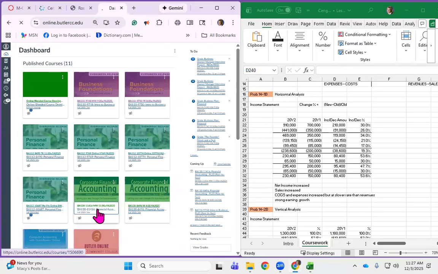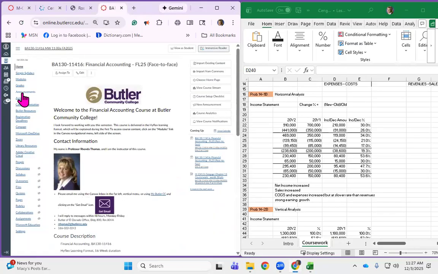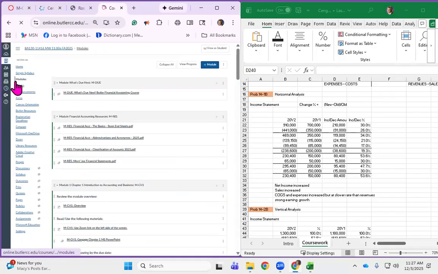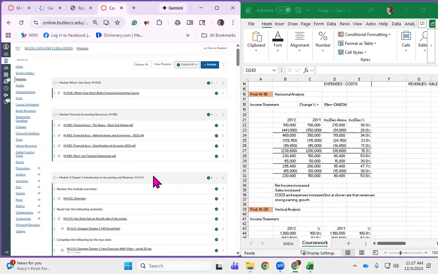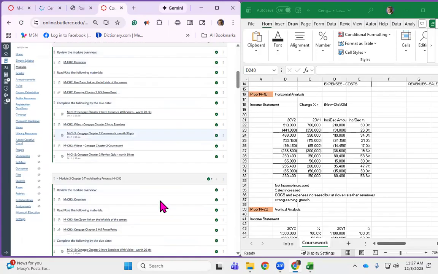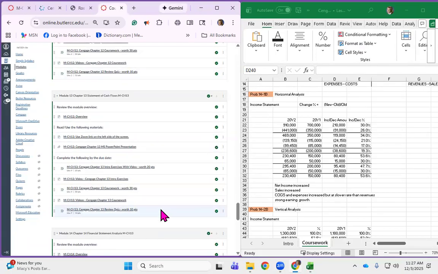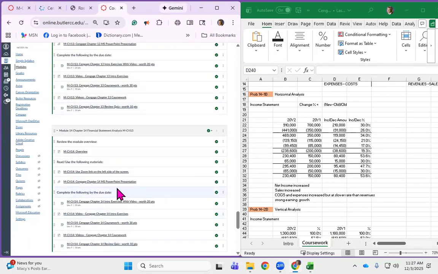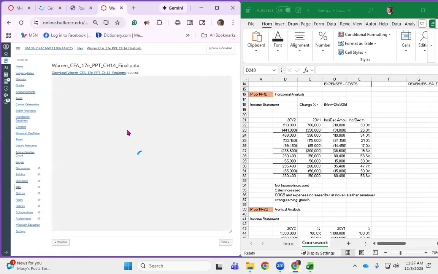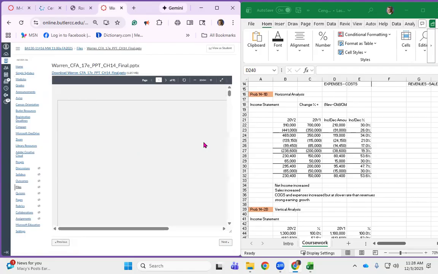Let me show you an example of a horizontal analysis and a vertical analysis. I'm going to go to the ebook for chapter 14. Actually, this is the PowerPoint. Let me see what we can see in this PowerPoint to identify horizontal and vertical.